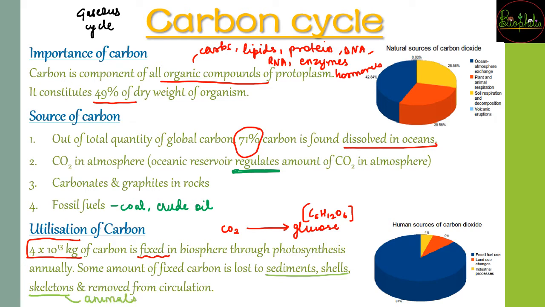So when animals' skeletons get buried, that is the part that comes under the reservoir cycle. Reservoir cycle, because this will be lost from circulation and remain as a solid cache, like a frozen ice cache, you cannot use it the time you need. So that is the way the fixed carbon dioxide gets buried into the soil and forms the reservoir cycle.